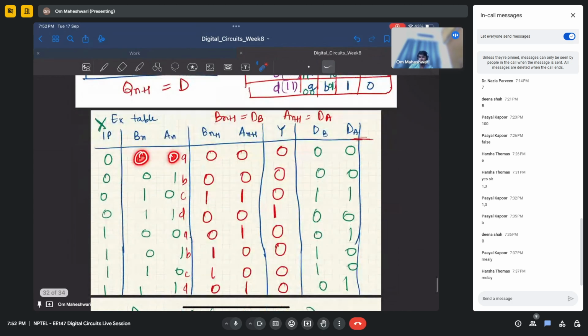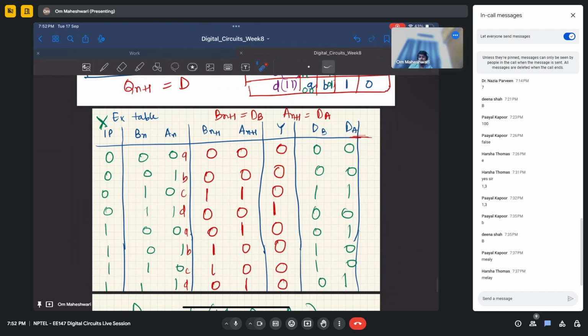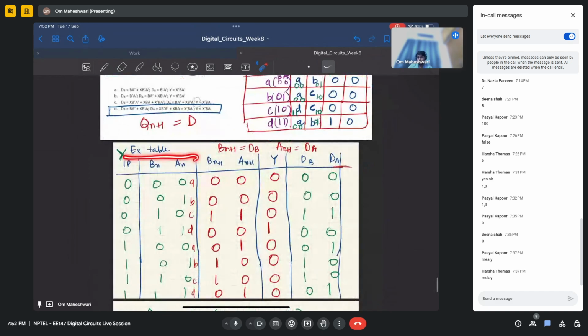These are just 0 0 means A, 0 1 means B, 1 0 is C, and 1 1 is D. And this is just present state. This is the next state. This is the output. And this Bn plus 1 corresponds to Db. This is just flip-flop output. An plus 1 is flip-flop output for D flip-flop in DA. Then we wrote DA, DB and Y in terms of input X and A and B, which was asked in the question.